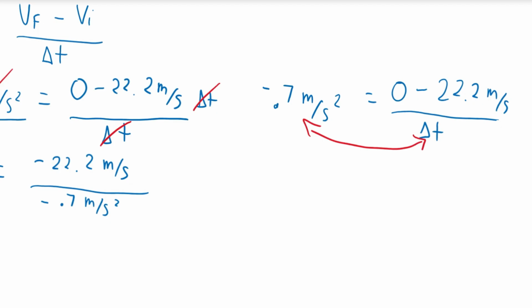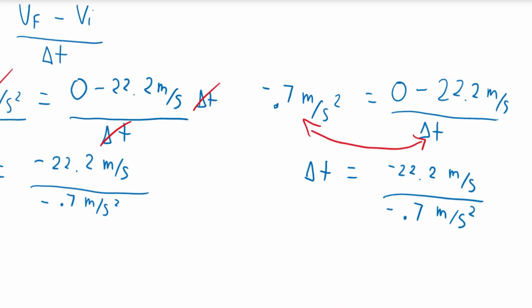So what I'm left with is delta t is equal to, we just get rid of the 0, 0 minus 22, negative 22.2 meters per second divided by negative 0.7 meters per second squared. You see that? So whenever we're solving for the denominator, we can just swap it out with the numerator on the other side of the equal sign.